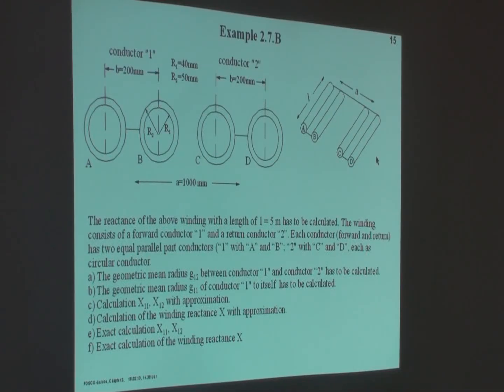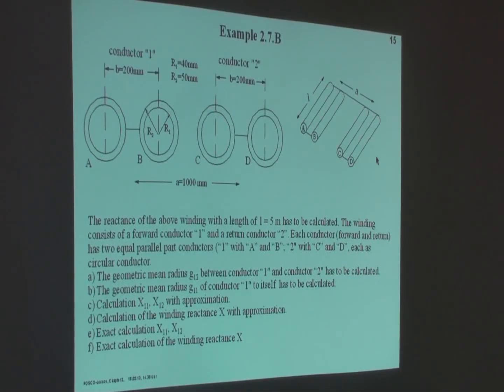Left we have A and B parallel, and another conductor is C and D parallel. And we have to calculate the reactance of the whole winding. What we have to do.